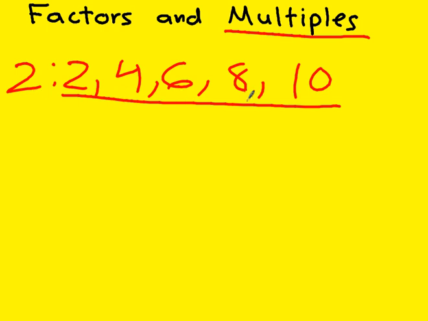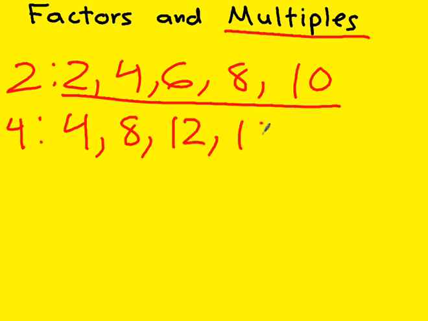So let's take the number 4. Who can tell me what's the first multiple of 4? 4. Yes, because 4 times 1 is 4. Okay, what's the second one? 8. What's the third one? 12. What's the fourth one? 16.